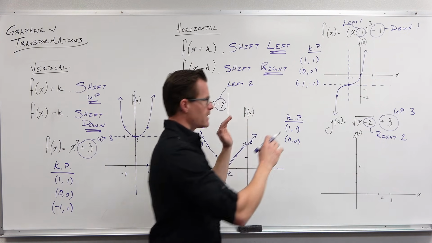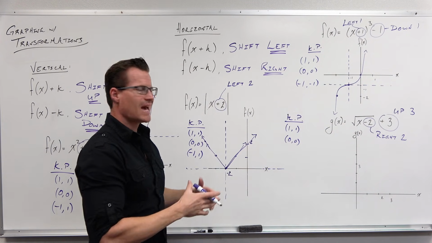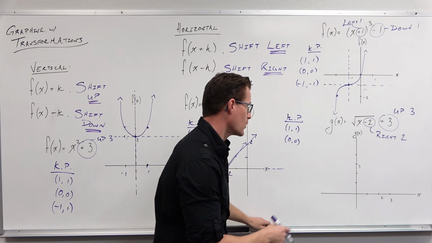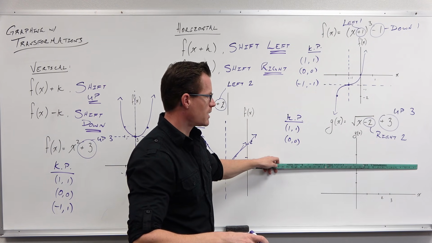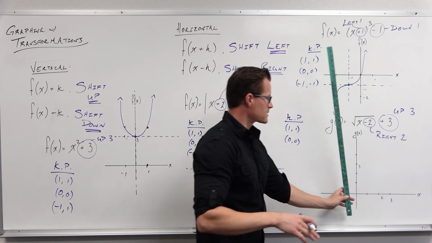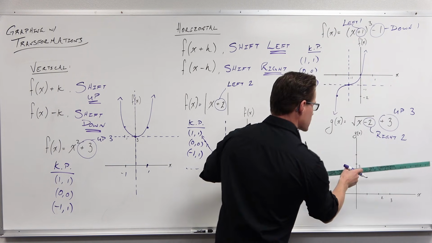2. So I've identified my shape, my key points, what's happening to those key points, and now I'm going to graph it. So on our graph I go, okay, I'm going to shift up 3. That's going to shift us up 3 spots. I'm going to shift right 2. That's going to shift us over, and allow me to shift an axis over 2 spots.